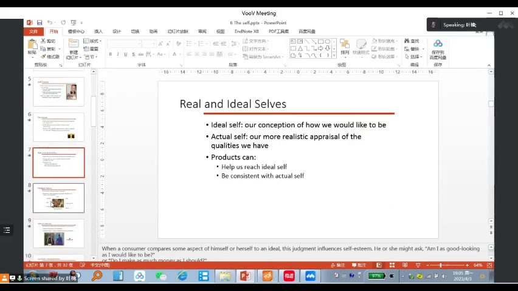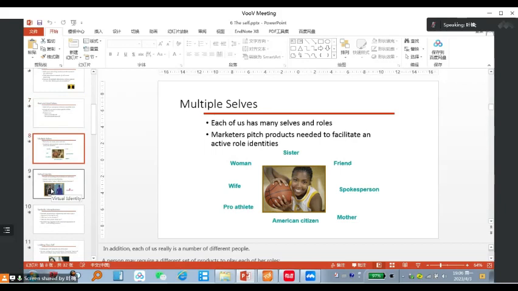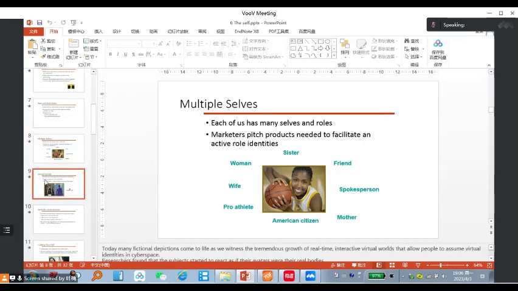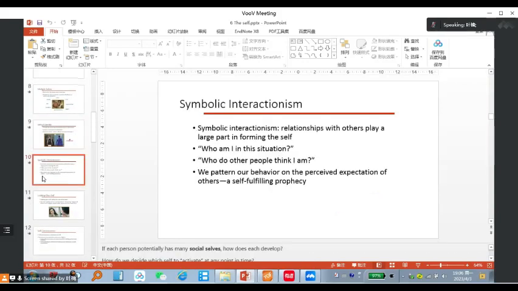And we introduced the real and ideal selves. Products can help consumers reach the ideal self or keep consistent with the actual self. Each of us is a number of different people, so we have multiple roles or multiple selves. We have a virtual self and social selves.